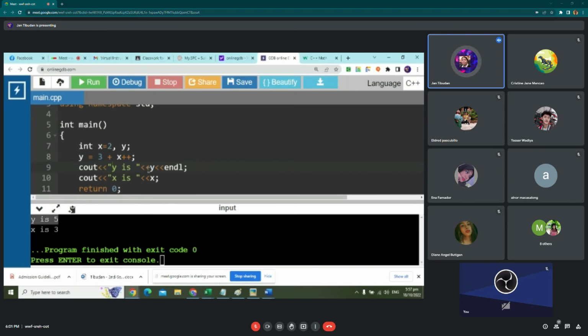So, what happened here, class, it took the value of your x in which the increment operator has not yet reacted. Okay? It has not yet used the increment operator. It's only the value of your x. So, it just added whatever was the value of your x. Okay?